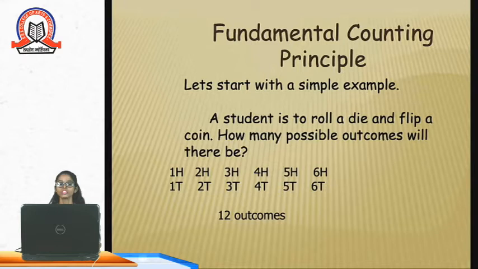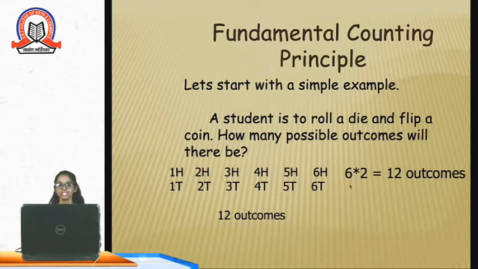Suppose we flip a coin and the second possibility is getting a tail. Then the possible outcomes change: 1T, 2T, 3T, 4T, 5T and 6T. The total outcomes in this set is 12. But if you use the fundamental counting principle, it is easy to find the total outcomes. First you find the total outcomes of the first event.